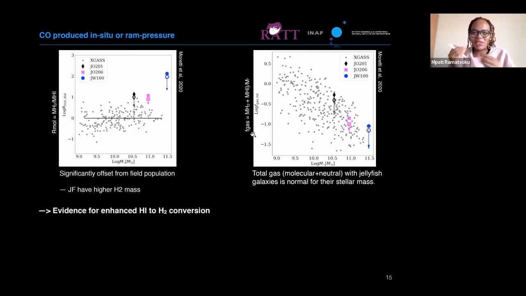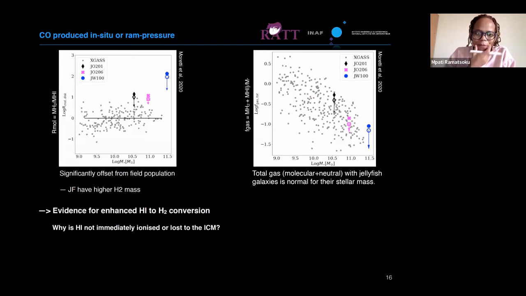But when we combine the two, so when we now combine H1 and H2 fraction, they seem to be like any other normal galaxy. Once again, we're using xGASS for all the control sample. So instead of an enhanced star formation activity, there seems to be evidence maybe for enhanced H1 to H2 conversion, which is what we didn't think before.